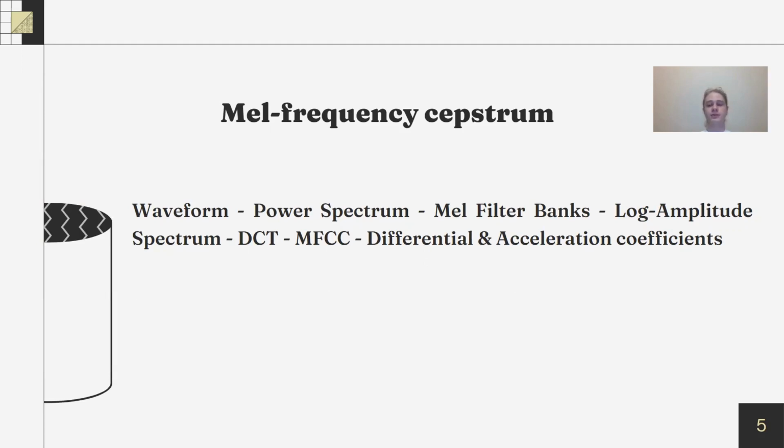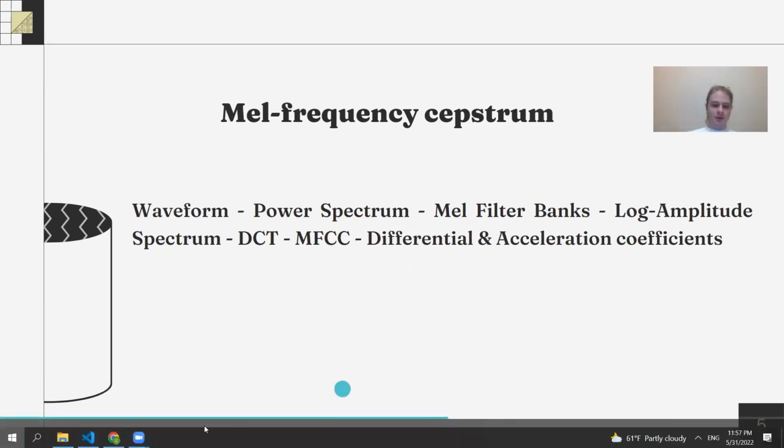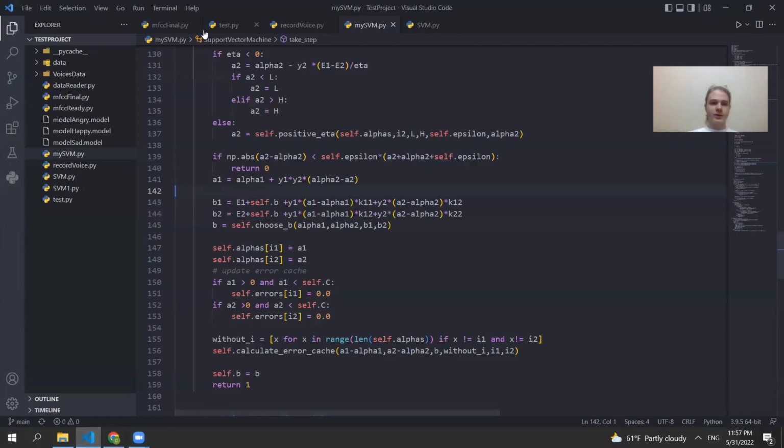After that, we take the discrete cosine transform, which we need to decorrelate the energies of the filter banks. And that's basically our MFCC, but additionally, we find differential and acceleration coefficients just to upgrade and improve our accuracy. In our specific case, that was 8%.